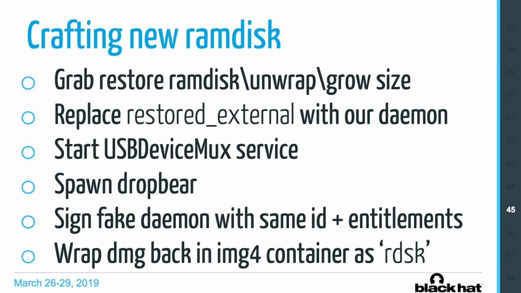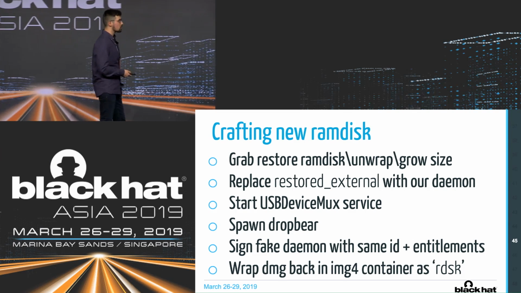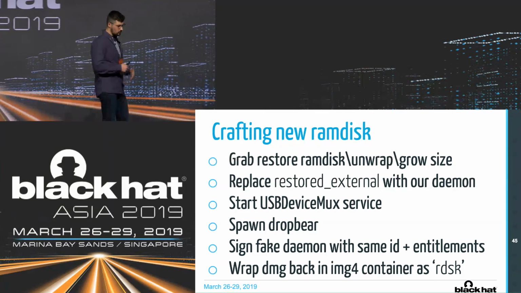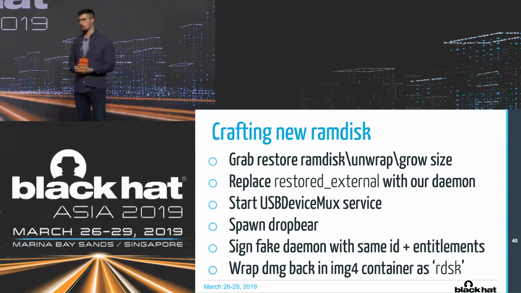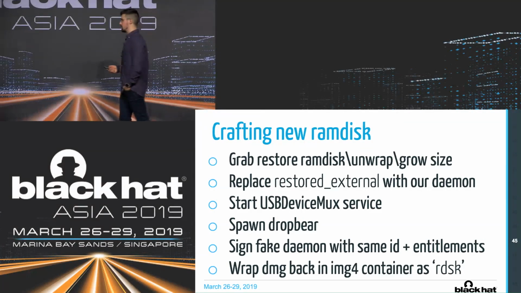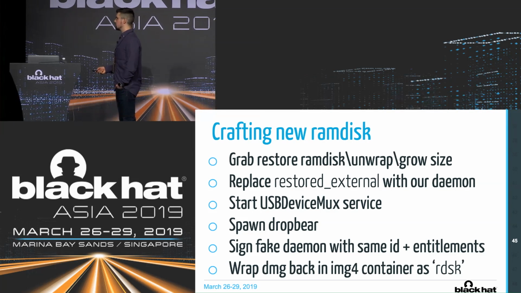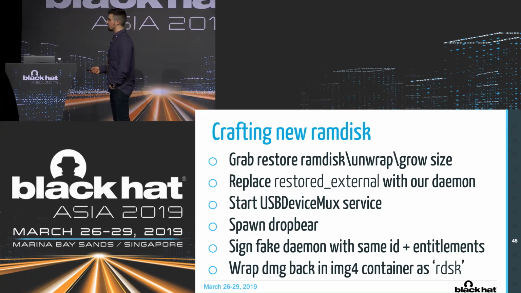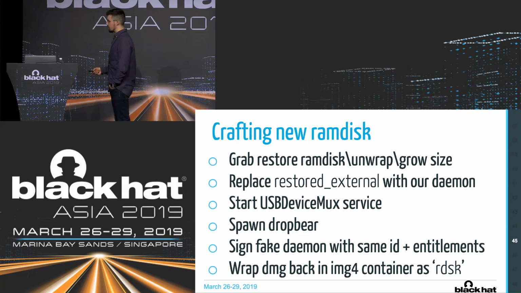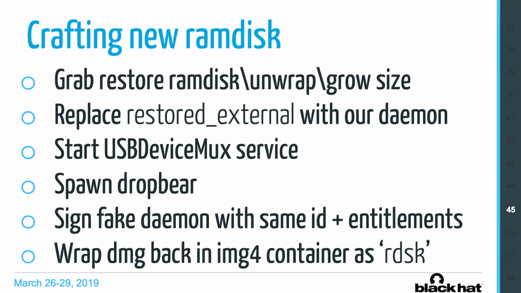We need to replace it with our service that will start USB device MUX and spawn the dropbear, so we can connect to a device over SSH. And the tricky one here is that we need to sign our fake daemon with the same application IDs, because there's one of the mitigations from iOS 10.